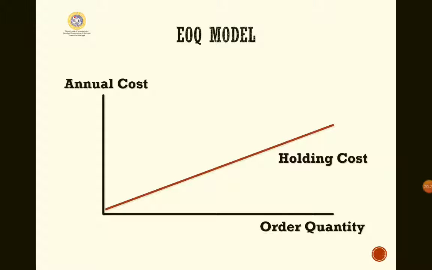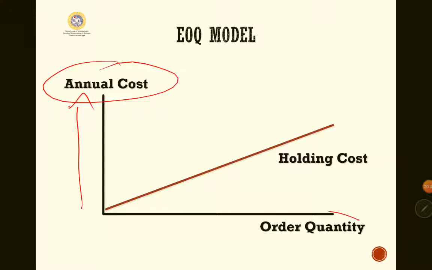Don't be intimidated by this kind of graphic. Basically it's just a microeconomic concept. Here we have annual cost, here we have order quantity, holding cost. The cost of holding your inventory is linear over time.